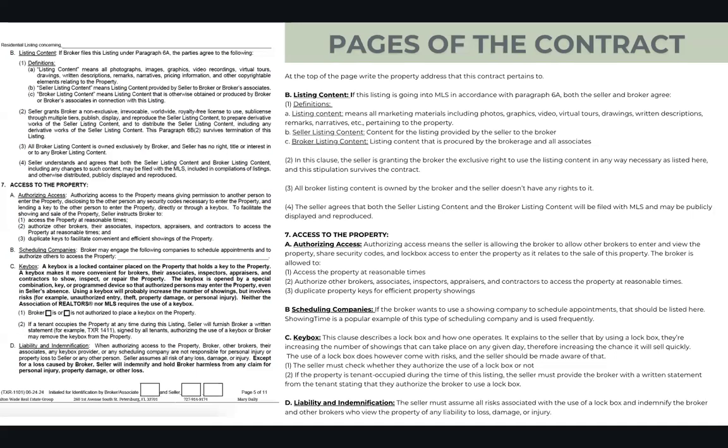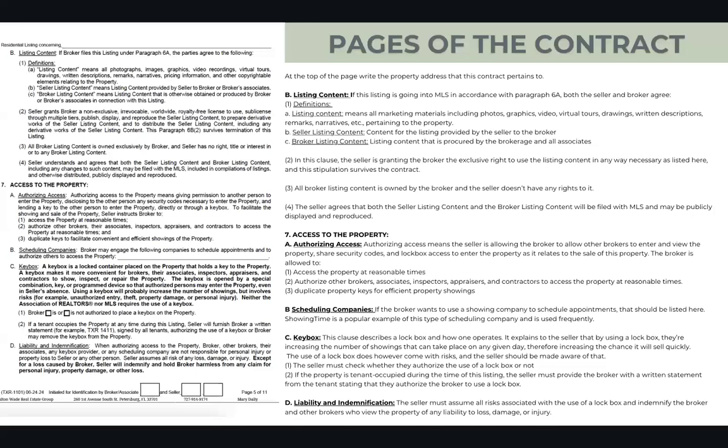Number 2, the seller is granting the broker the exclusive right to list the property and use the content in any way necessary. All broker listing content is owned by the broker, and the seller doesn't have any rights to it. The seller agrees that both the seller listing content and the broker listing content will be filed with MLS and may be publicly displayed and reproduced.